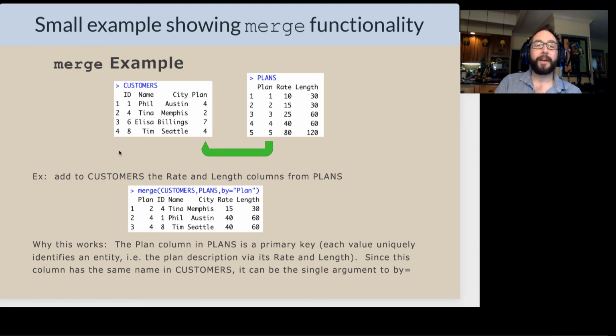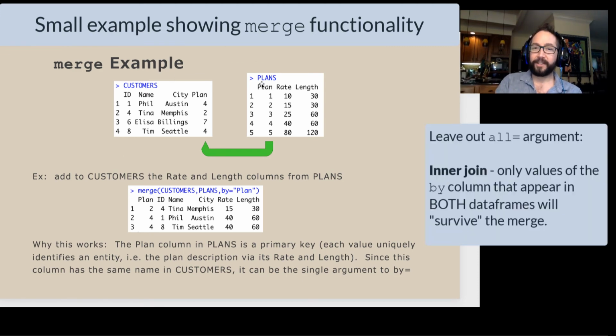If I just try to merge customers and plans together, only rows where we find values of plan in common between both data sets are going to survive the merge. In SQL speak, this is like doing an inner join. Basically, since I don't see plan 7 in the plans table, 7's not in common to both, it's not going to get carried over to the result.